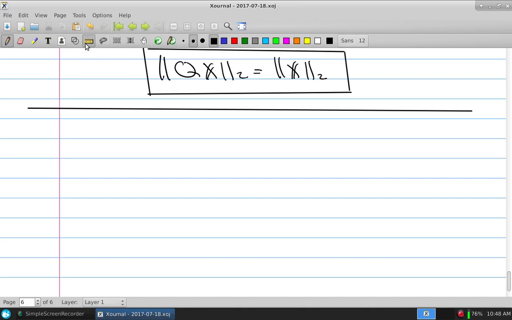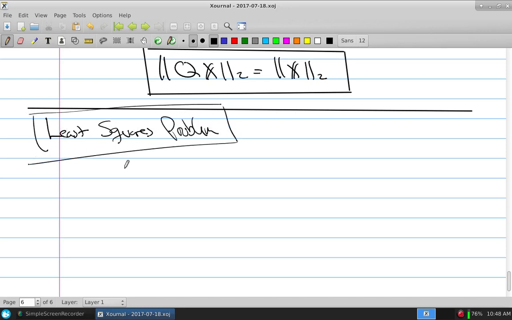And that lastly is where we'll stop here and we'll talk about the least squares problem again. The least squares problem was Ax equals b is overdetermined, and the rank of A is equal to n.